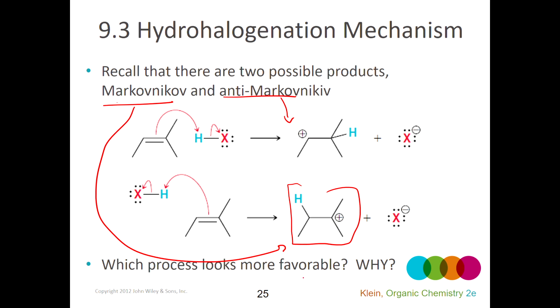Obviously, the Markovnikov pathway goes through lower energy transition states and intermediates than the anti-Markovnikov pathway due to the more stable carbocation. Right? The carbocation is more stabilized by hyperconjugation and induction. Make sure you can explain those concepts we already talked about. Maybe review them, ask me about them if you need to, because you might be asked about those again at some point.